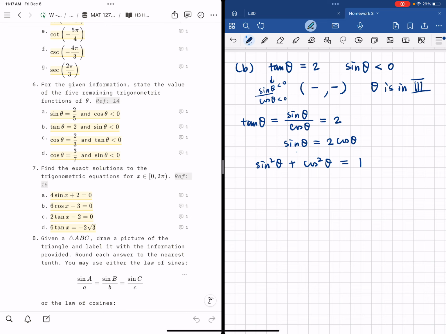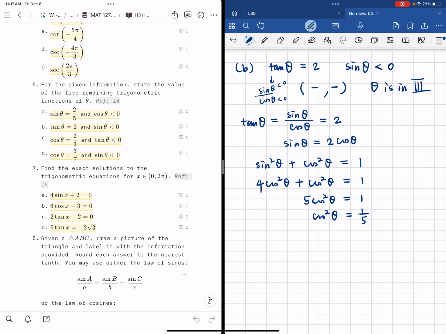Since sine is 2 cosine, we get 2 cosine squared, which is 4 cosine squared, plus cosine squared equals 1. Combining the left-hand side, I get 5 cosine squared equals 1, which means cosine squared is 1/5.